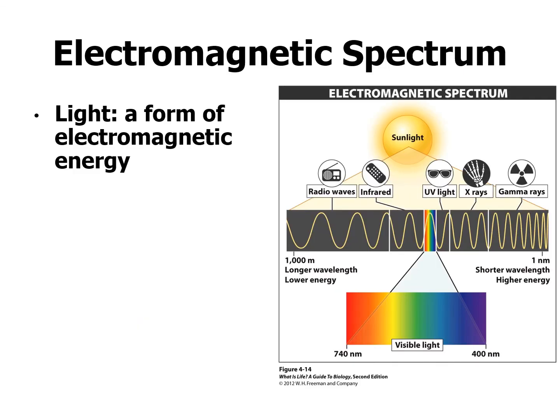So the electromagnetic spectrum, we've seen this, and we're talking about absorbing light that's in the visible light spectrum. If we absorb 680 nanometers, for example, we're up here in the spectrum, and we are absorbing red light at that point, maybe orange.